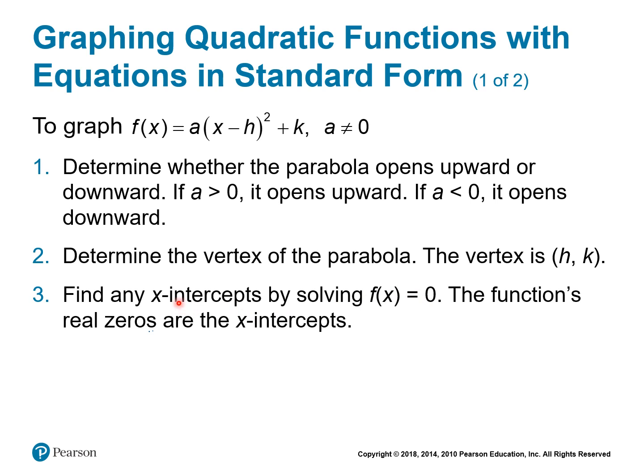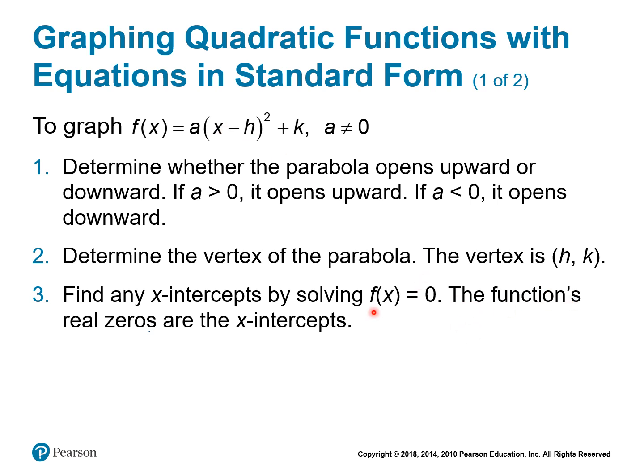The way we find the x-intercepts is by taking the function and making it equal to 0, because at the x-intercept, the y value is always going to be 0. So we will take the function, make it equal to 0, and solve for x.